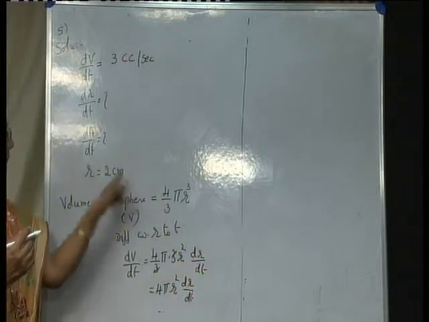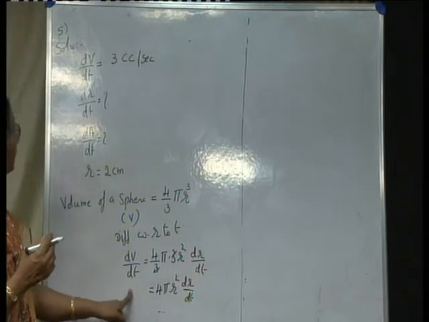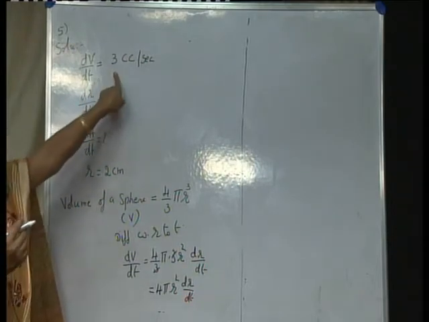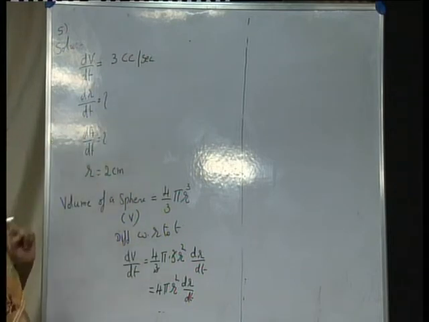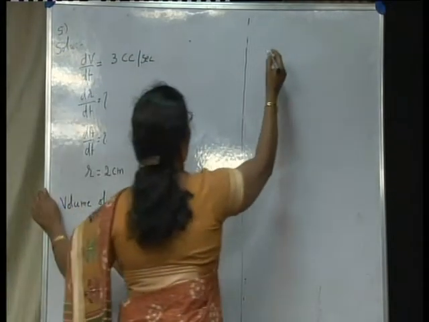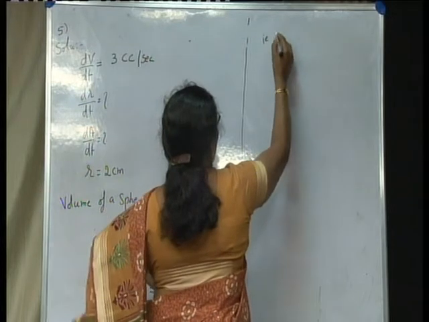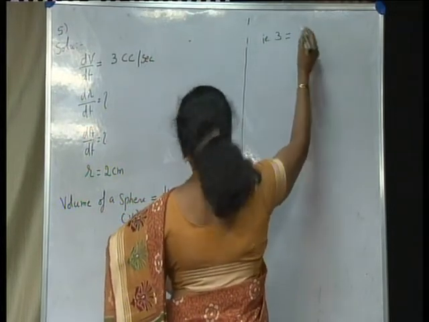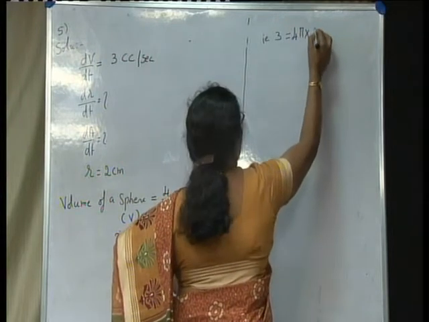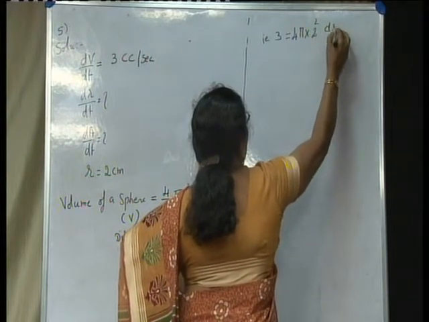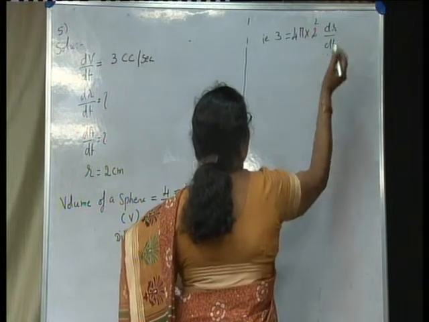r is given as 2 centimeter, and dV by dt is given as 3 cubic centimeter per second. You substitute that, and you will get dr by dt. dV by dt is 3, equal to 4 pi into 2 squared into dr by dt.